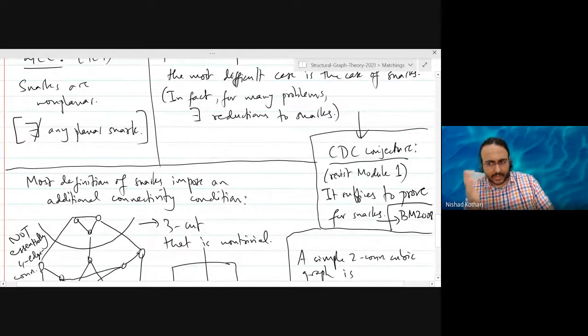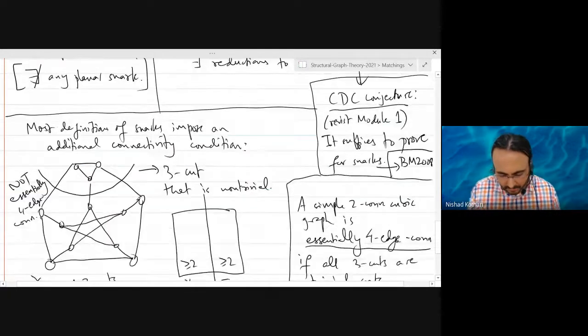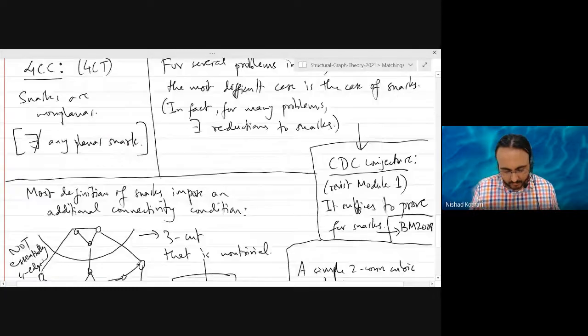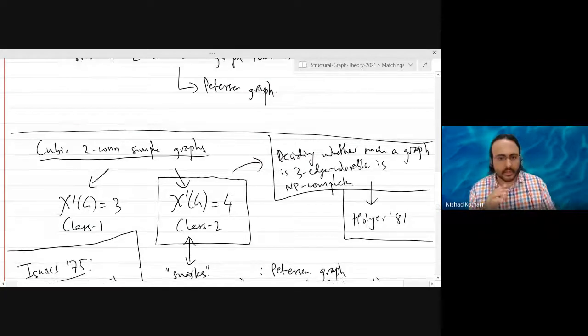Right? So for the cycle double cover conjecture, you just need to prove it for these snarks. And if you prove it for these, then you prove it for all snarks as defined above, and then you prove it for all graphs. Okay? Are there any questions or concerns regarding all of this discussion?